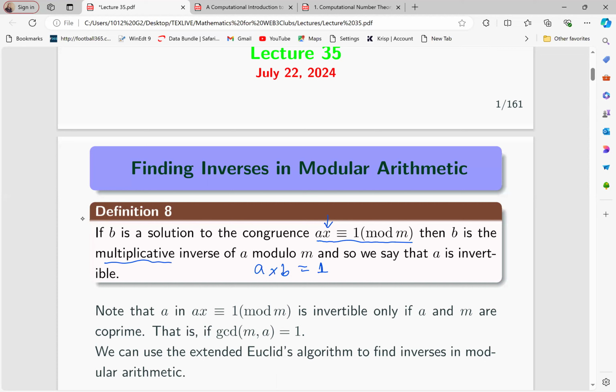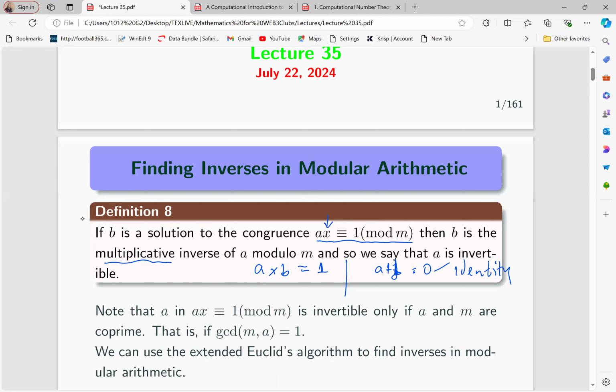These are multiplicative inverses. We know that under addition, the inverse of a is b if their sum is 0. If the sum is 0, then we say they are inverses of each other under addition. In this case, this 0 is the identity element.